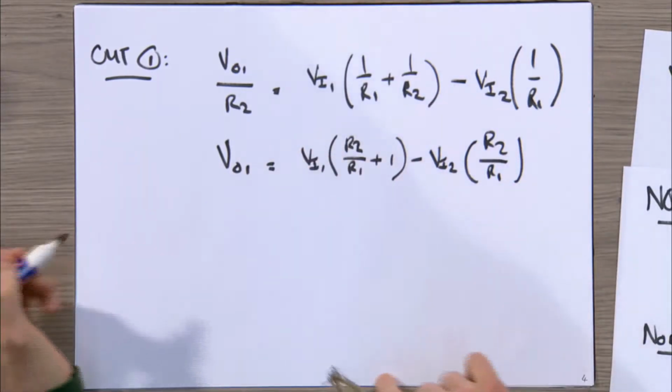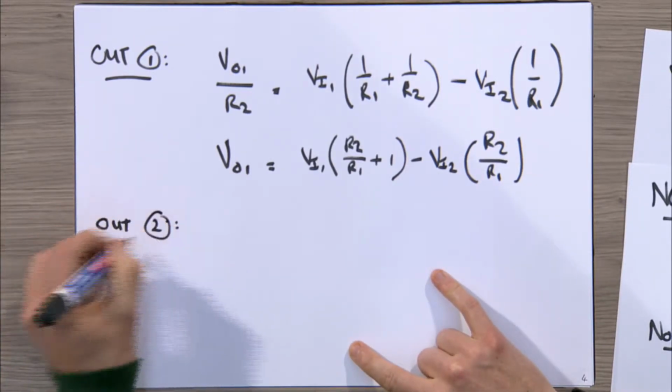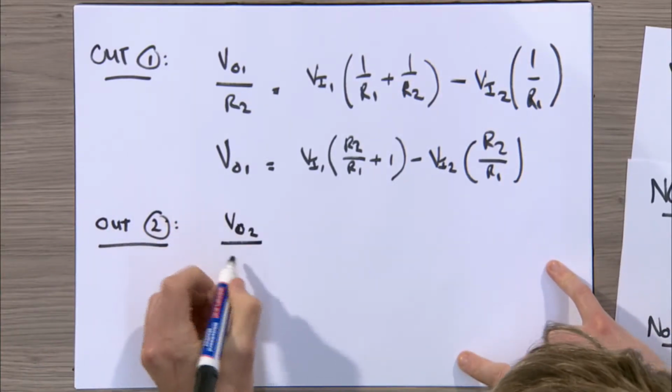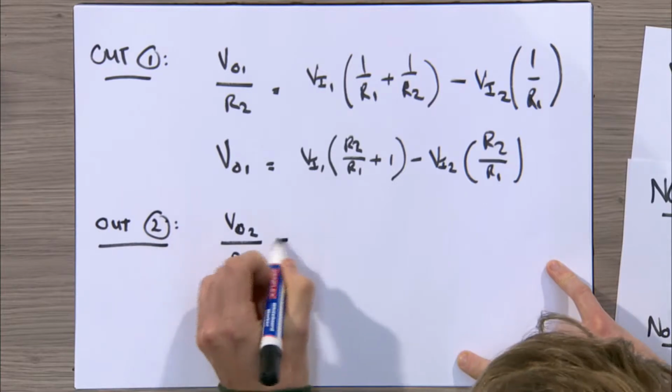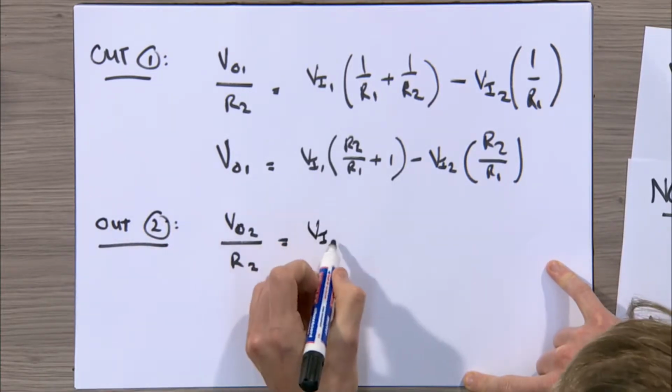You can do the same thing for the other equation. So out of equation 2, we get Vout2 divided by R2 is equal to, these two look very much the same.